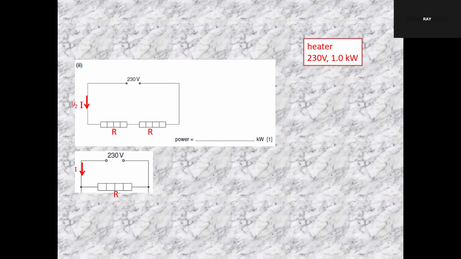When the heaters are in series, calculate your I. Calculate your R. R is V squared over P. P is that one there.